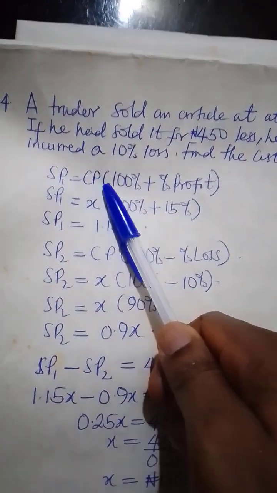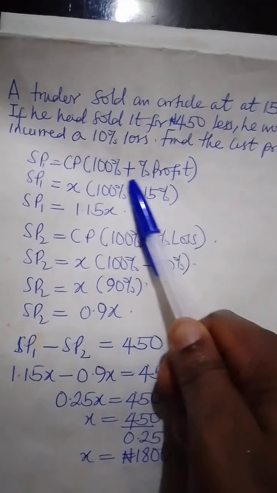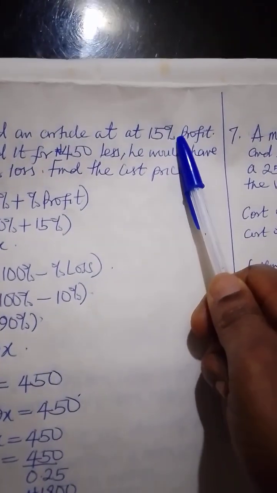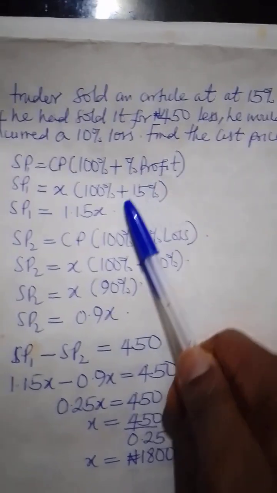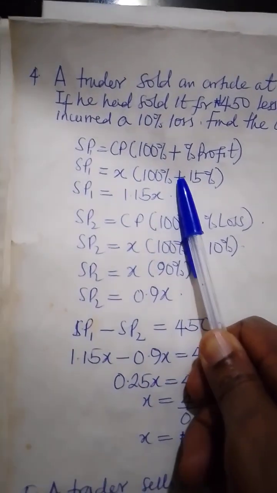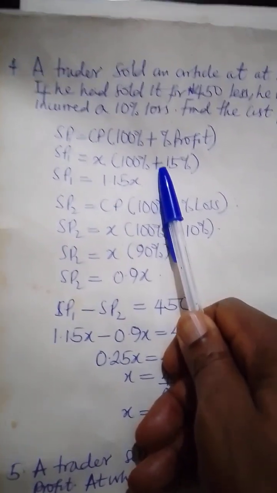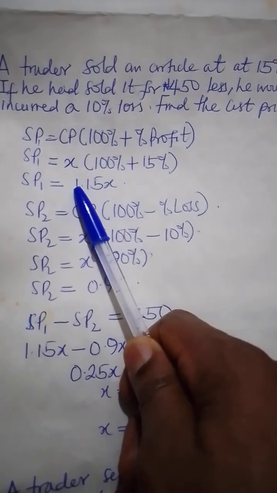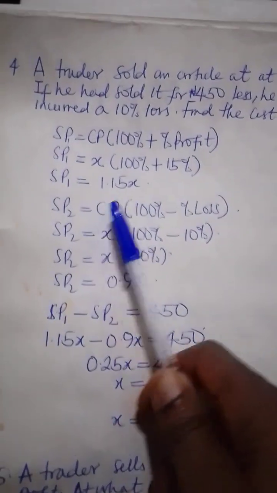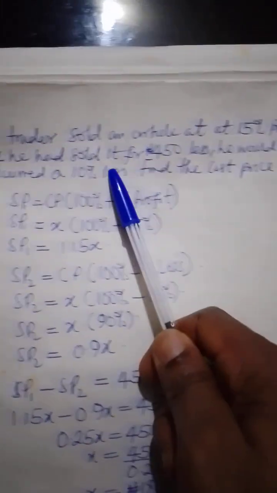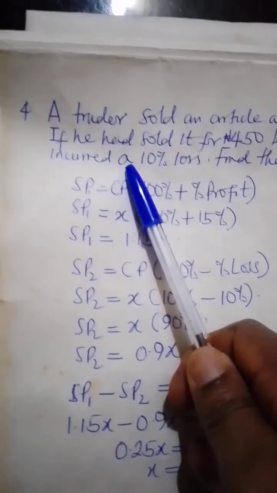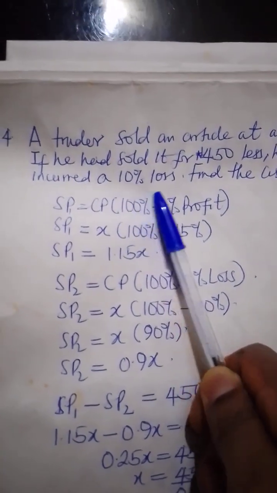SP, selling price, is cost price into percentage profit, 100% plus percentage profit. We're told he made a profit of 15%. So if we do that, following the procedure we took the last time, 15 plus 100, that's 115 over 100, that would be 1.15x. Then we're told again that if he had sold it 450 less, he would have incurred a loss of 10%, a 10% loss.